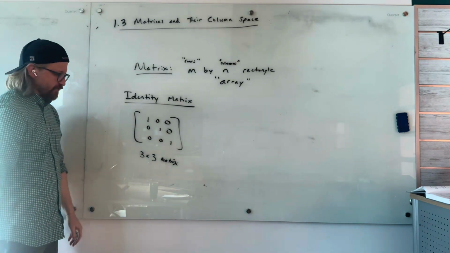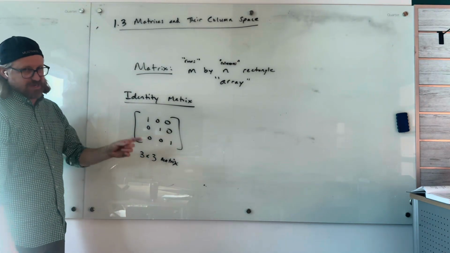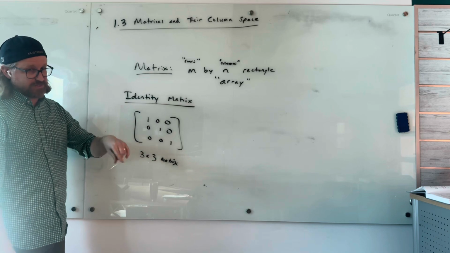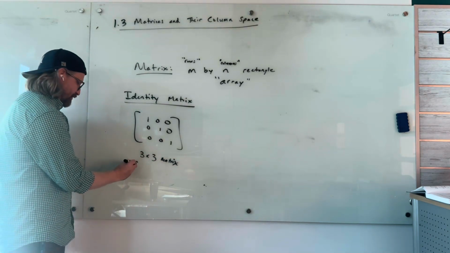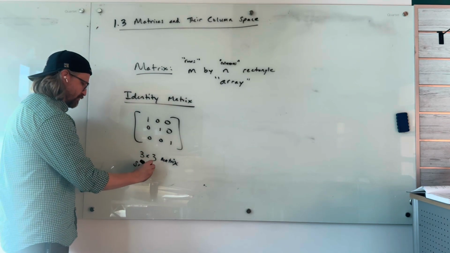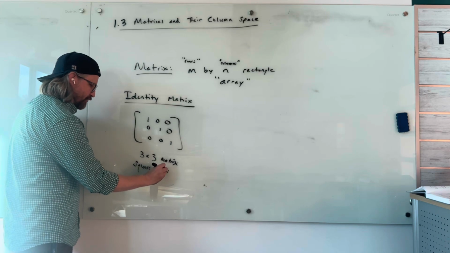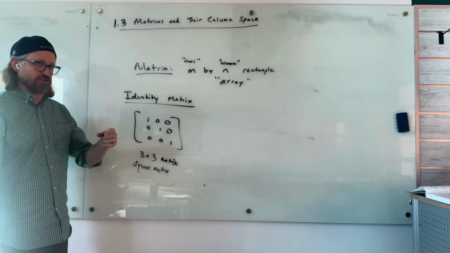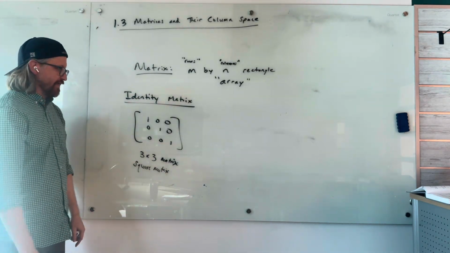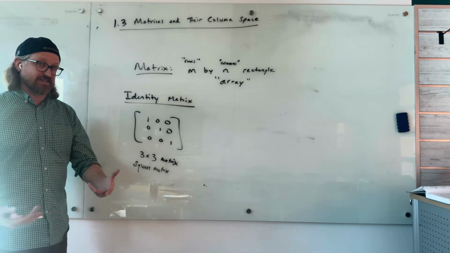Now there are some types of special matrices. When I have a 3 by 3, so M and N are the same, you can refer to this as a square matrix. The textbook gets into a couple of other square matrices that we'll investigate later on.